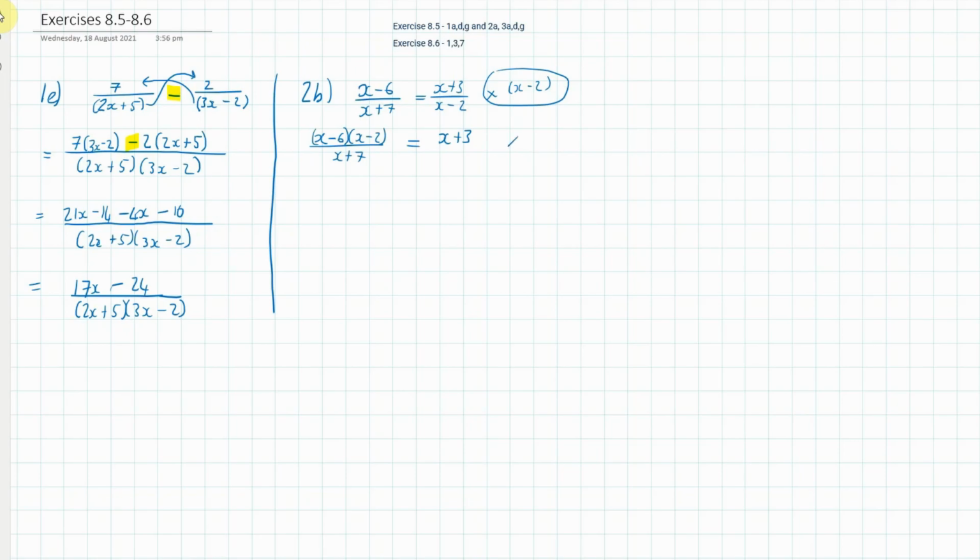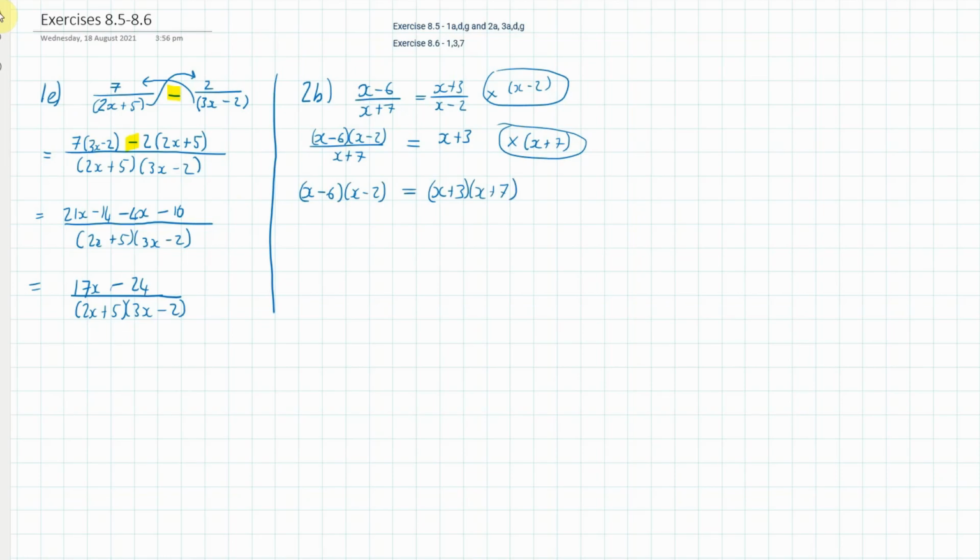And then in the next line, I'm going to times both sides by x plus 7. Okay, so that's my next step. And you'll see that that will cancel out the x plus 7 denominator on the left-hand side, which will leave me with x plus 3 into x plus 7 on the right-hand side.